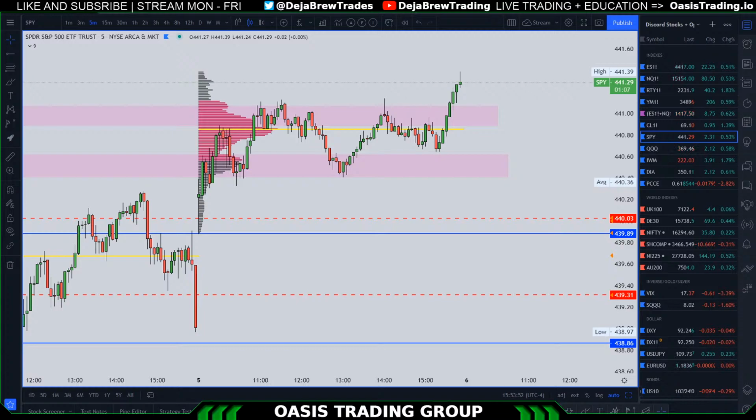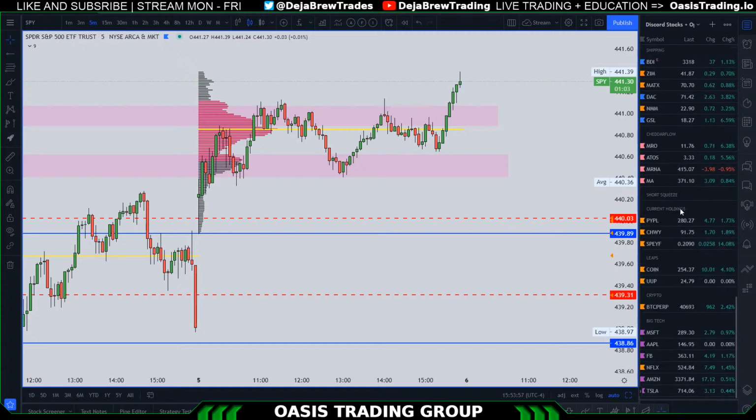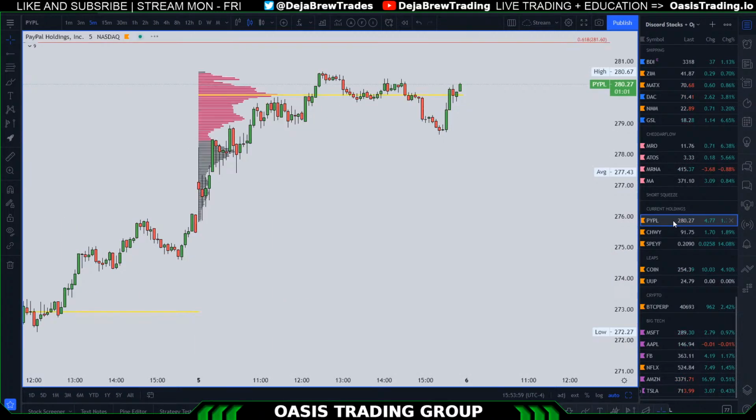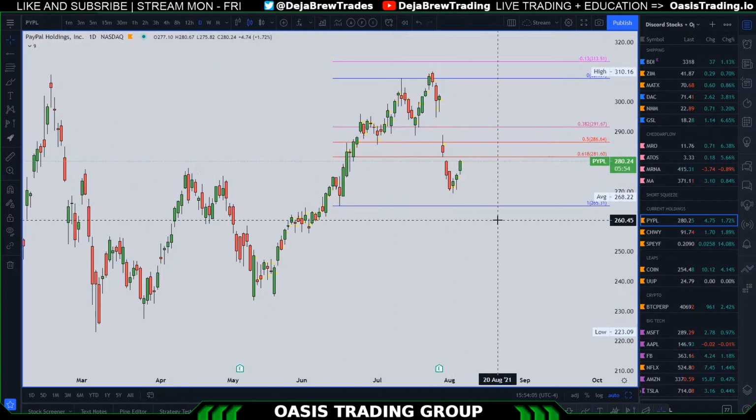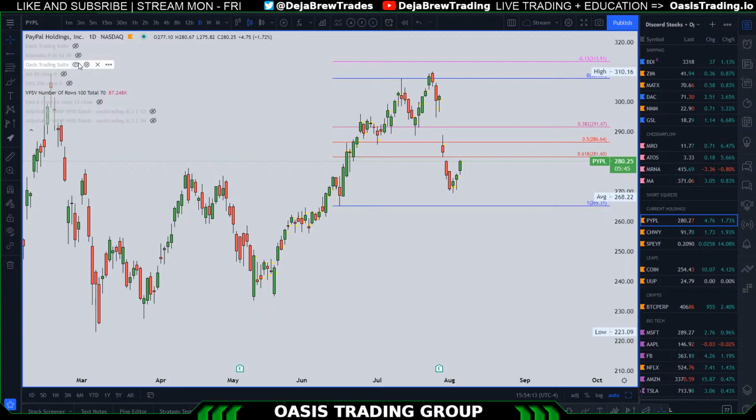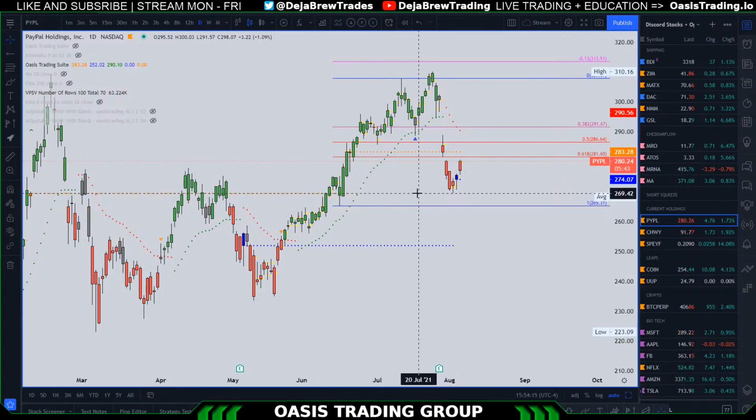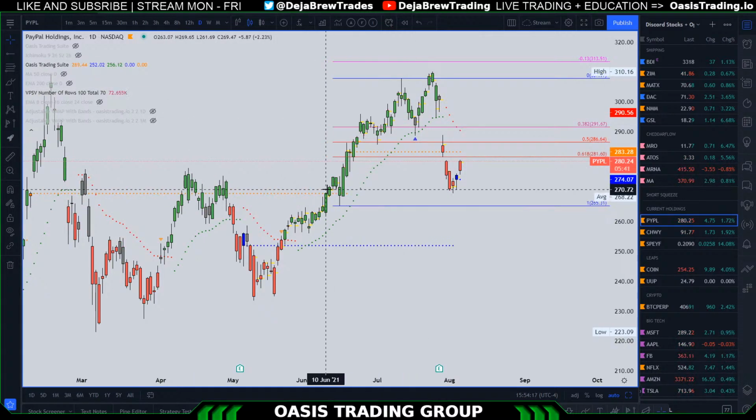Nice reversal pattern on PayPal. You see that, Deja? Yeah, PayPal and Chewy, they kind of faked us out in the beginning, but they're paying off now. Yeah, PayPal's doing really well. Didn't it bounce off a pivot? Yeah, there's a pivot down here. It bounced off this pivot literally to the penny.